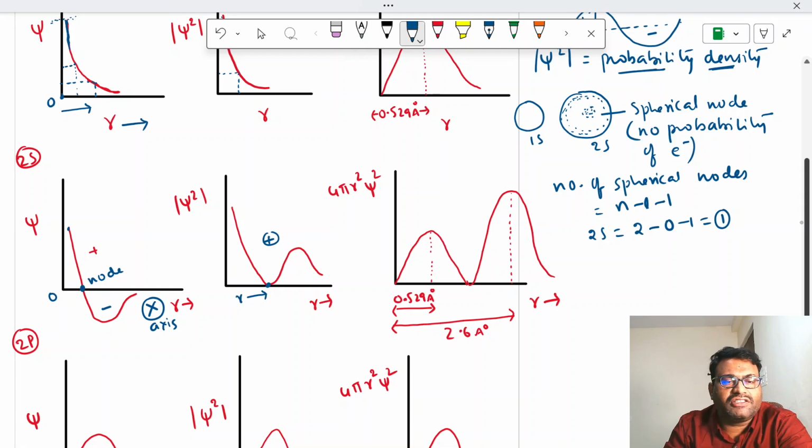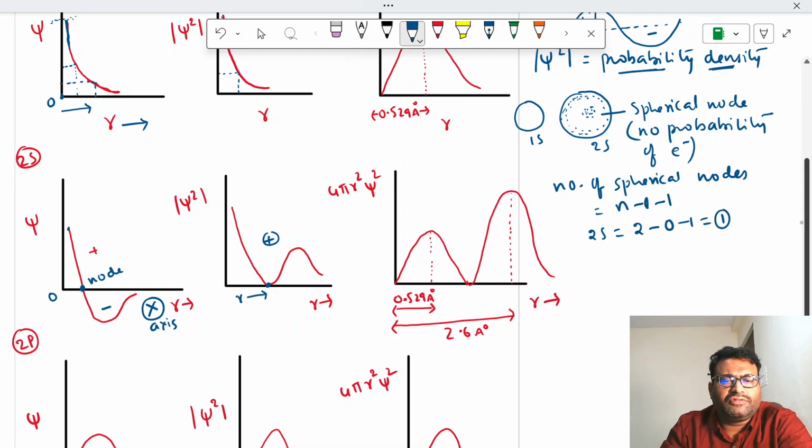The point where the graph intersects the x-axis is called a node, also called a spherical node. How many peaks does it have? 1.